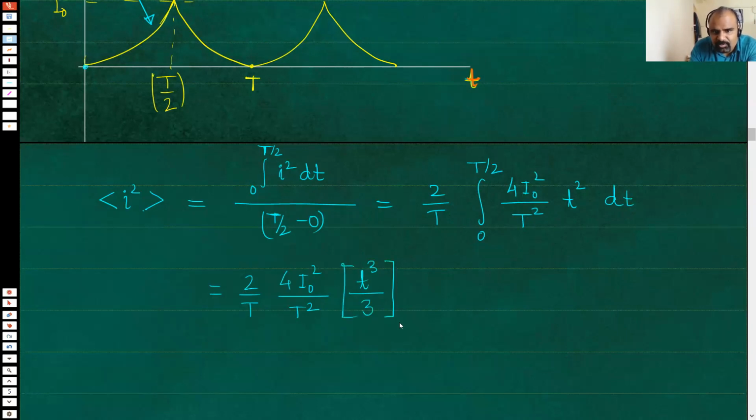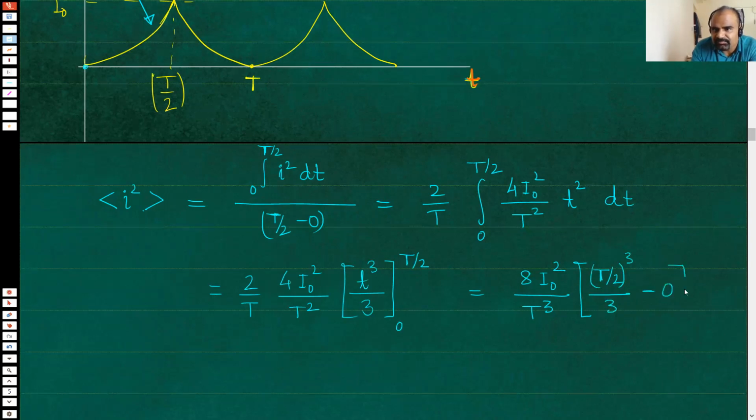And of course, you have to put the limit 0 to capital T by 2. Okay. So 8 I naught square by capital T cube, this much, and in place of small t, I'm going to put the upper limit cube divided by 3, minus 0 because the lower limit is 0.